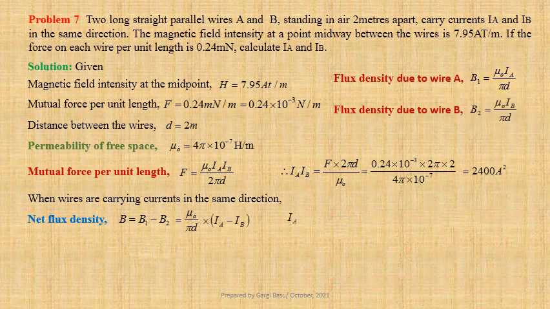Therefore, IA minus IB equals B by mu0 into pi times D.